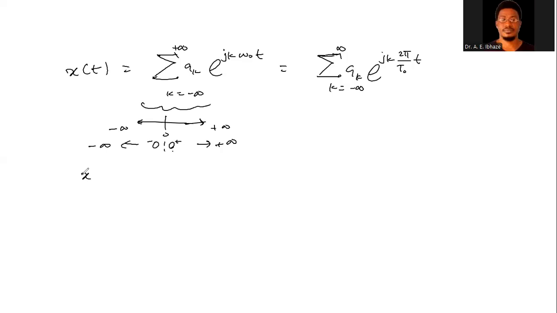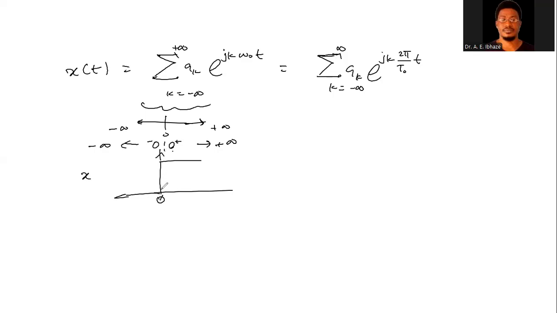Yes, zero is a literal value. But when we consider signals at the point of discontinuity, let's take this as a plot. This is a step function, and say this is 0.